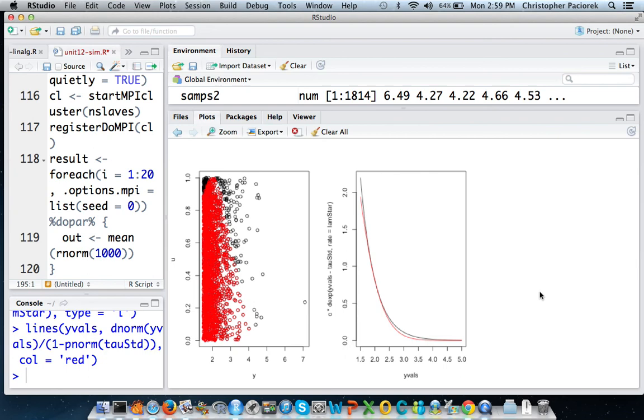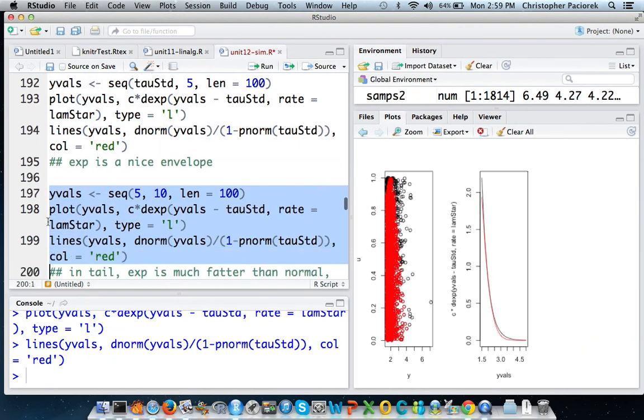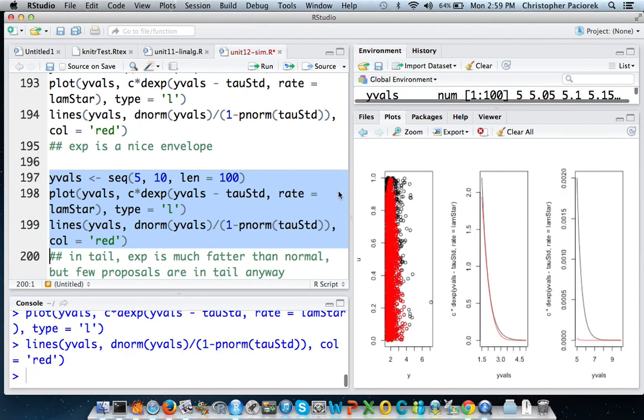In relative terms, it's a huge amount above out in this tail. So this was going from about 1.5 up to 5 or so. I'm going to plot values from 5 up out to 10 here, just to see what's going on in the tail, to illustrate the idea that the black curve is much higher than the red curve once you get far enough out in the tail.